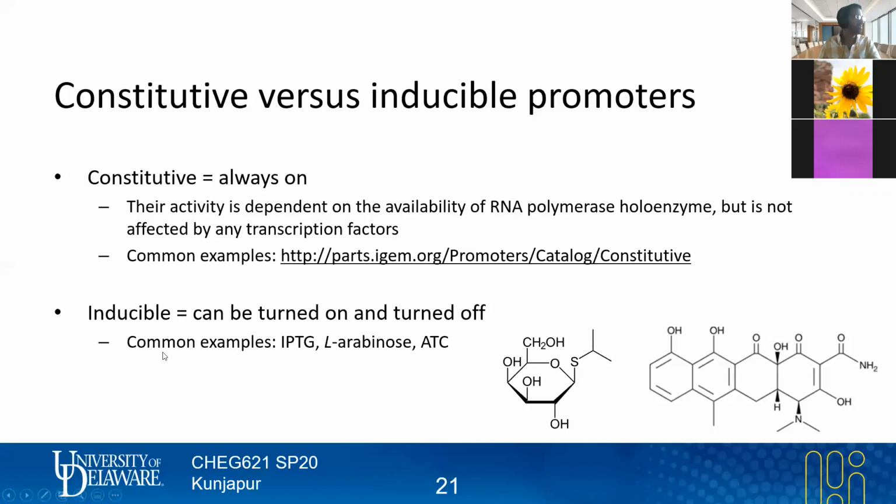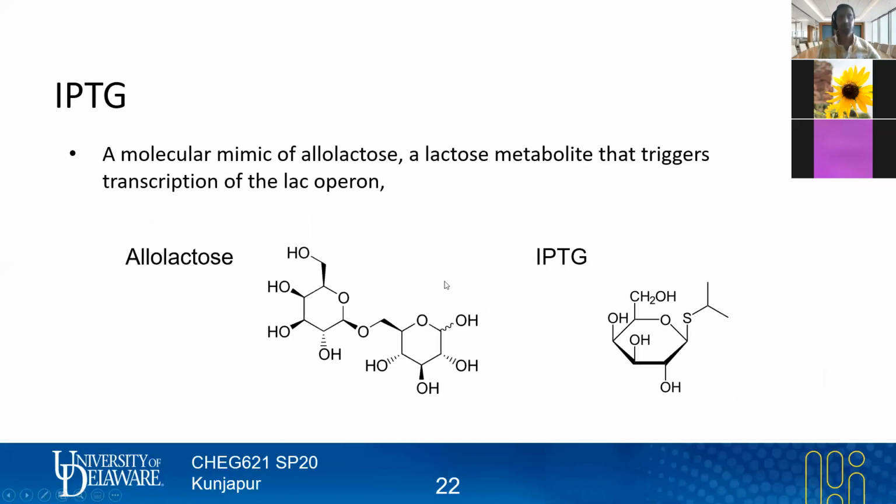So we're going to briefly go over some inducers here, and then we'll dive more into biosensors and transcription factors, which are all related. The examples that we're going to talk about are IPTG, L-arabinose, and ATC, as they're really common. We've already spoken about IPTG indirectly in that we've talked about the lac operon. The lac operon is named for lactose, and it involves the breakdown of lactose, which is a disaccharide.